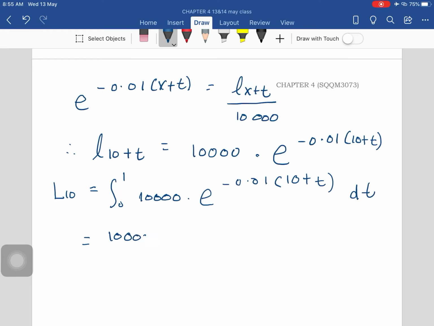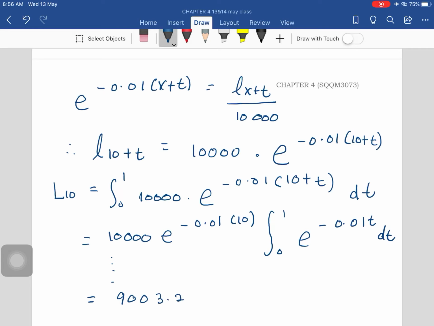The constant is 10,000 E negative 0.01 times 10, and then we just leave the exponential with respect to t only. So we integrate this only. The final answer is 9003.2827.